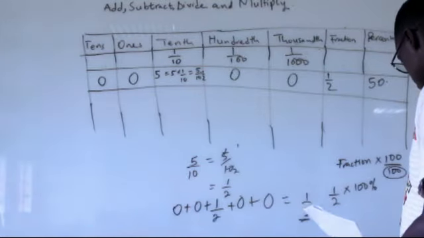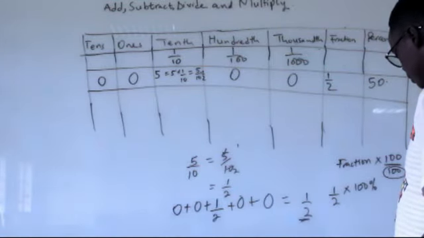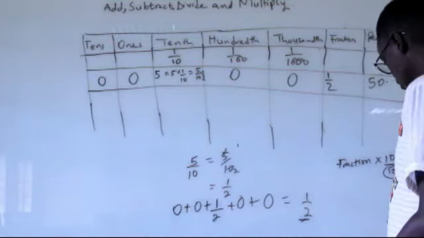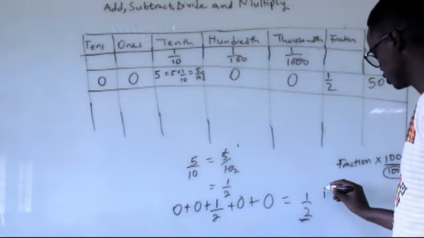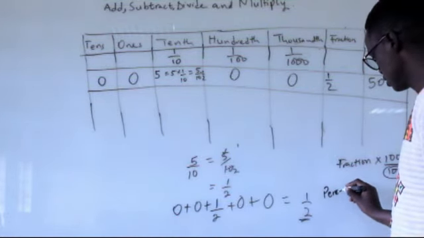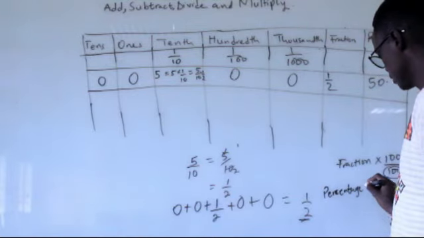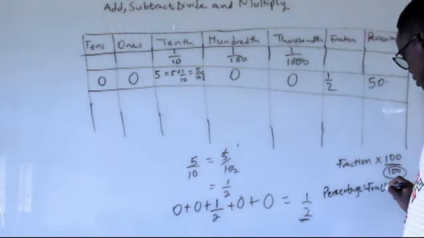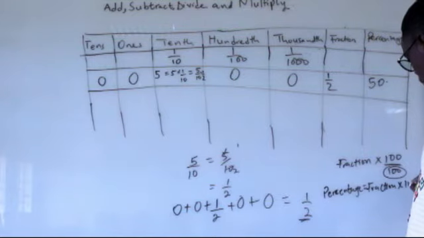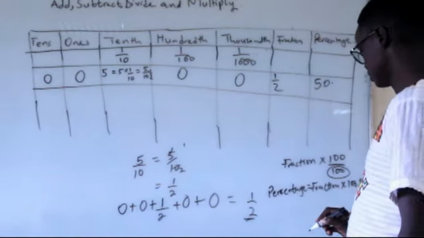So in this case, fraction percentage equals fraction times 100%. Alright?